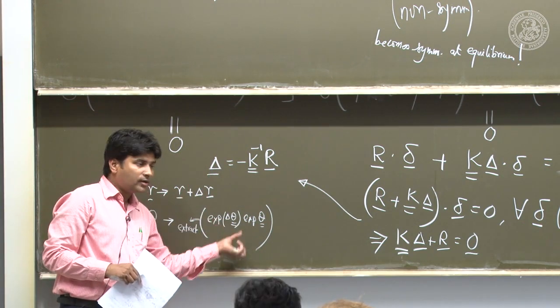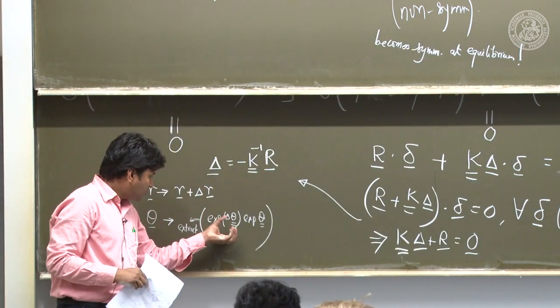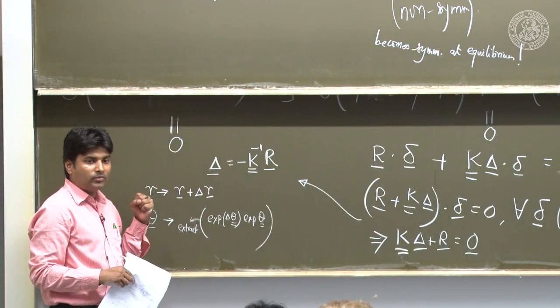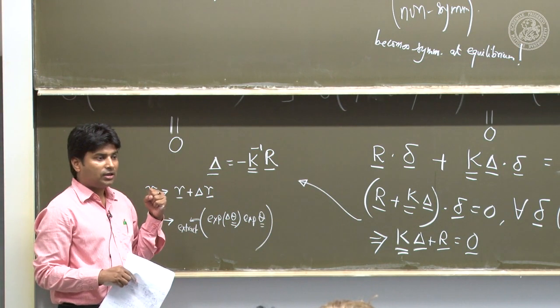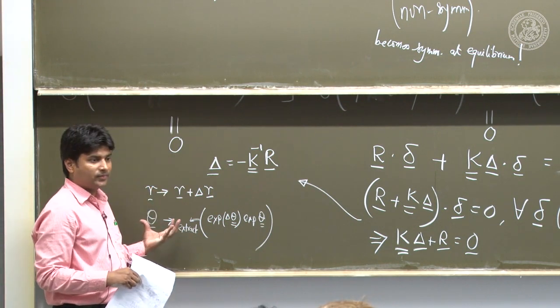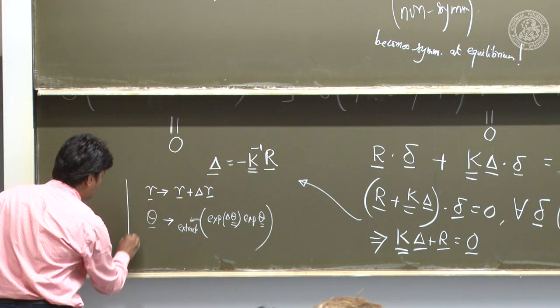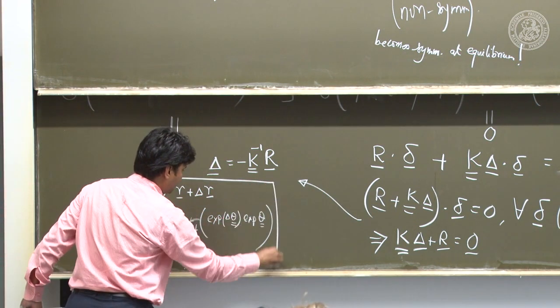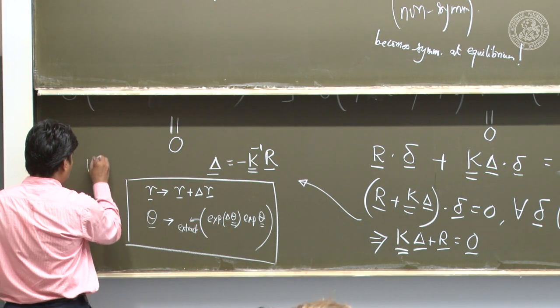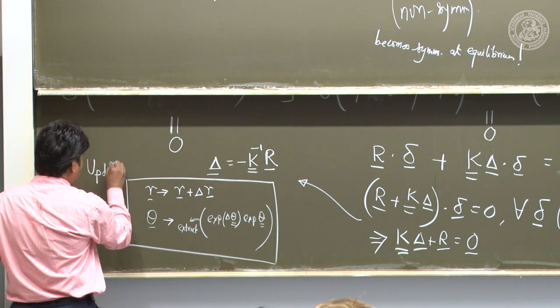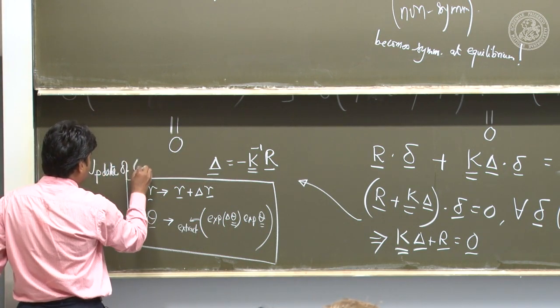Once you have the final rotation matrix, you extract the theta from that rotation matrix. That gives you the final theta. So, this is how you update the configuration.